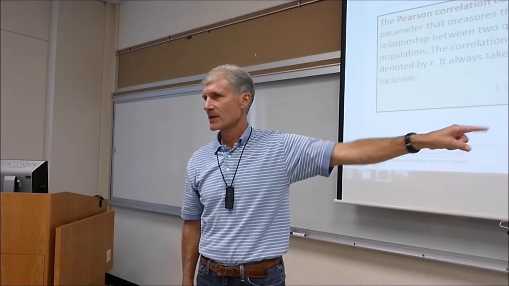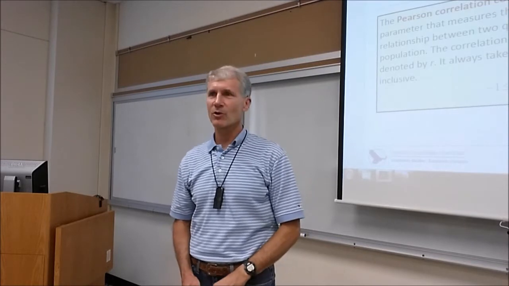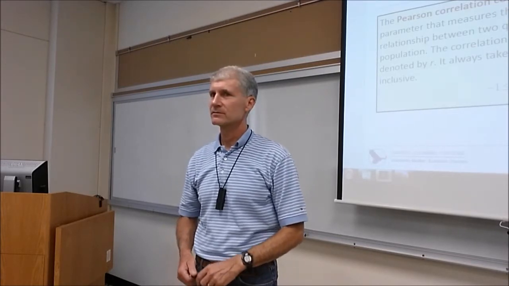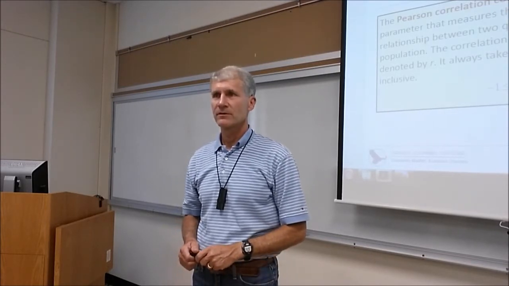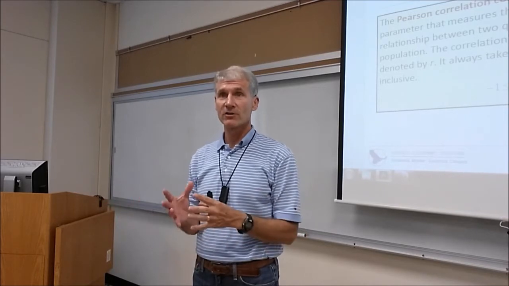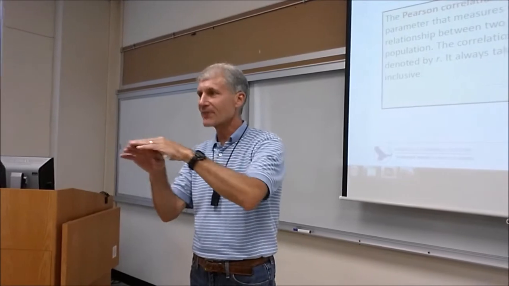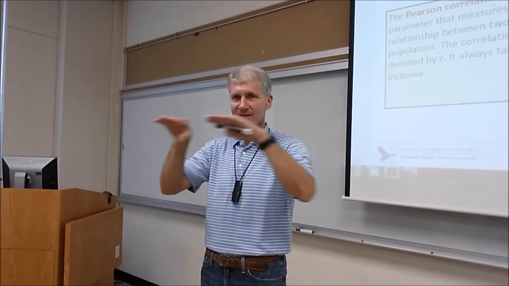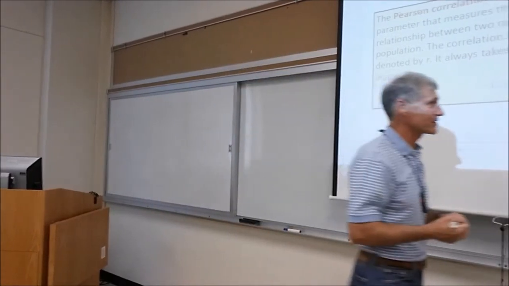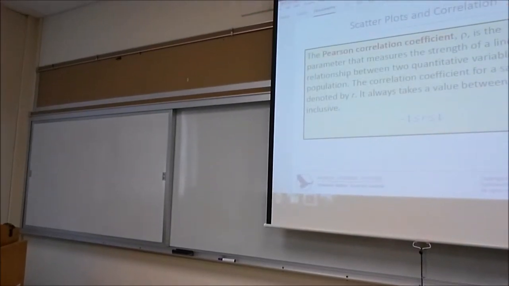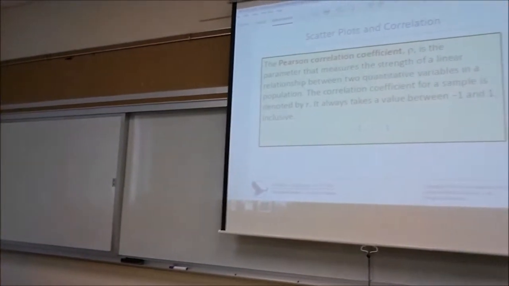Understand? So what would 0 correlation look like? There's no trend. There's either no trend at all, or somebody said, flat line, meaning horizontal line, right? You could have points that fall exactly on a horizontal line.